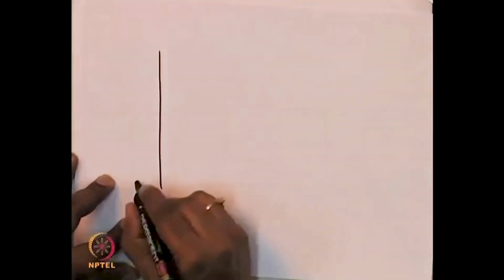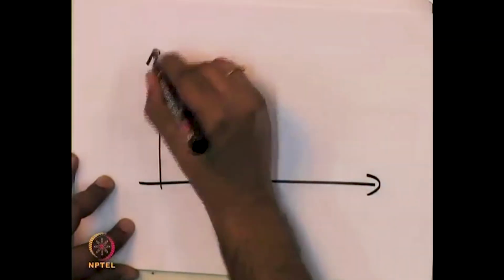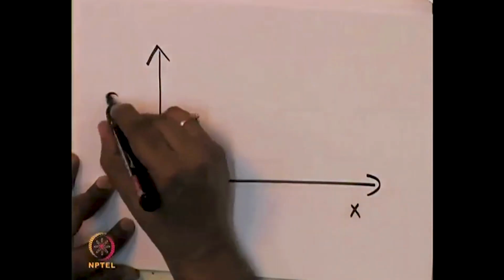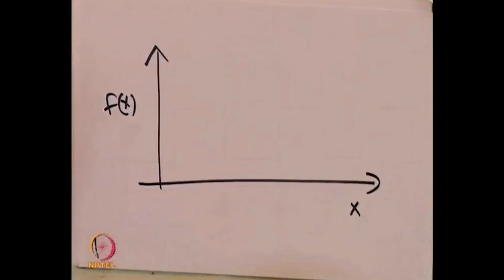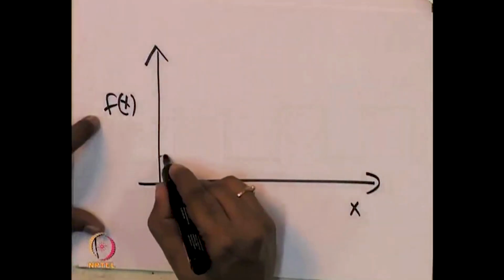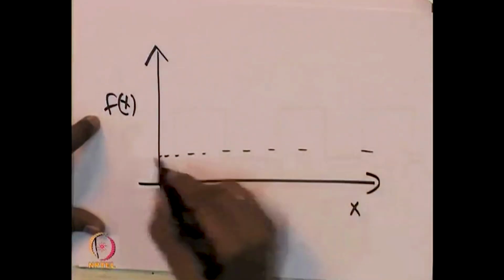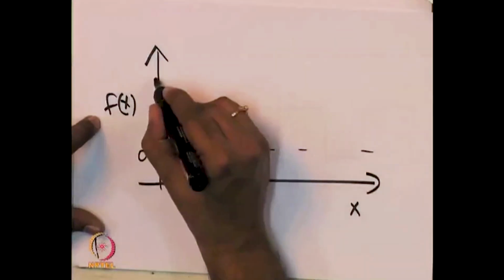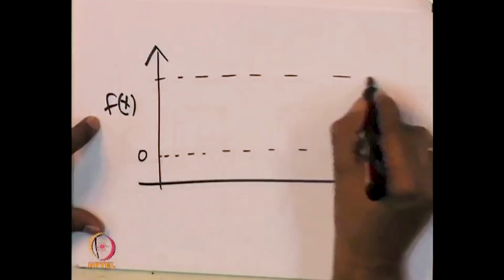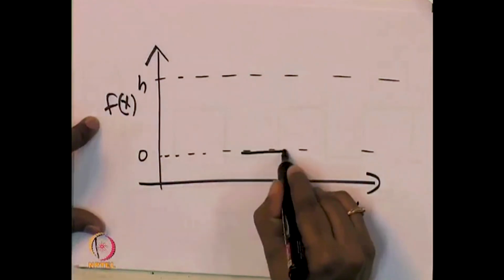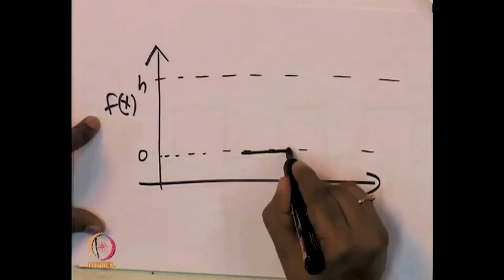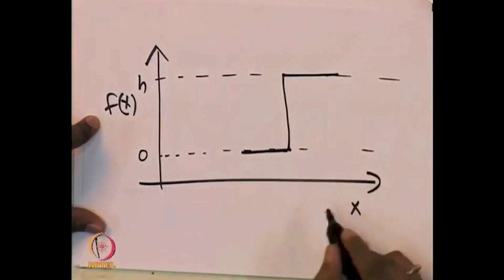If I plot this separately, a little more carefully, it is like this. This is x, this is f of x, and let me mark this as 0 and this as h. So it is 0 till some particular point, and suddenly it becomes h.